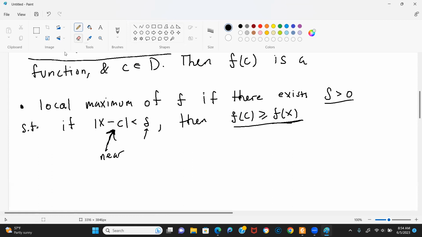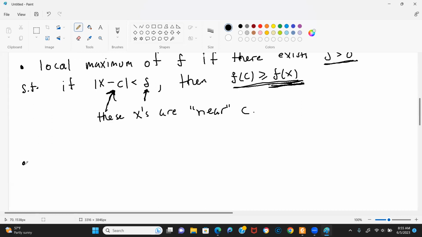These x's are the things that are, quote unquote, near c. So that's what the phrase near means. It means that you can find a delta, probably very small, such that the distance from x to c is within delta units. And then the value of the function at c will always be bigger than all of those values near c.